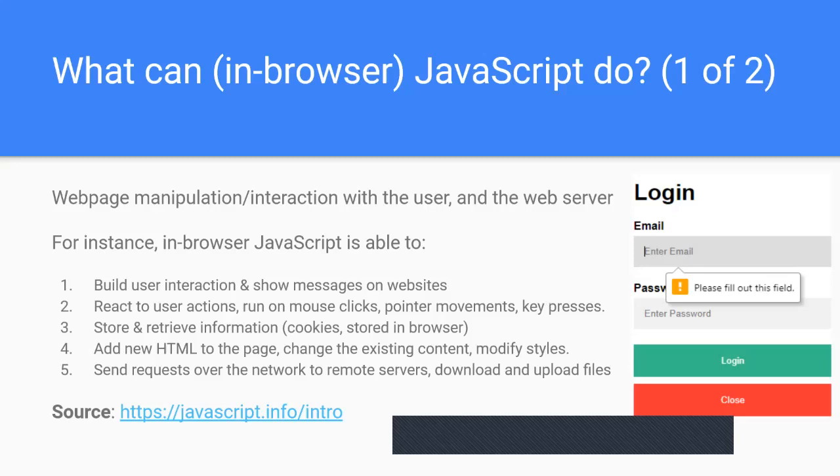JavaScript can also do things like store and retrieve information in your browser. Sometimes when you use websites a lot, they store little pieces of information so that when you visit them again, it has all that information remembered. This information stored in your browser is usually in the form of something called a cookie.